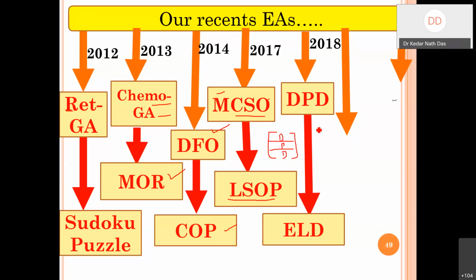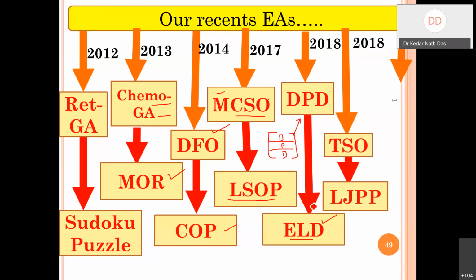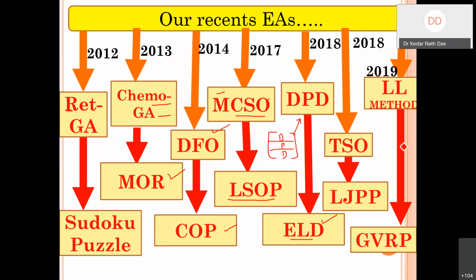There was a paper called PDP, and we countered that the PDP has to be changed to DPD, and it has been applied in the electrical networking system to the economic load dispatch problem. Thereafter, there is TSO, troop search optimization, applied to LJPP, a linear zone potential problem. In 2019, there is a list looping method applied to the green vehicle routing problem.